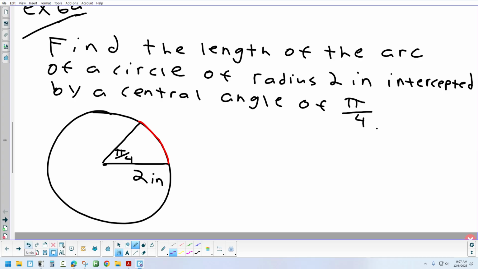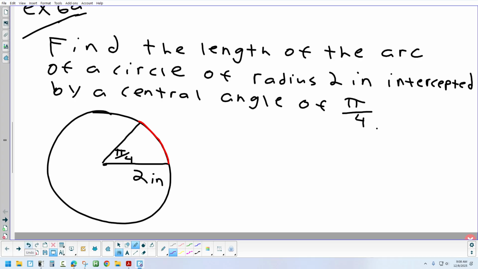Generally, they're only going to give you one, but I'm trying to show you graphically, as a visual, what you're doing. You're finding the length of that part in red. What's the first thing that we're going to need to figure this out? Without this, we're not getting very far.